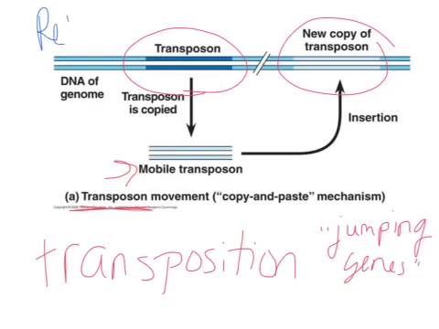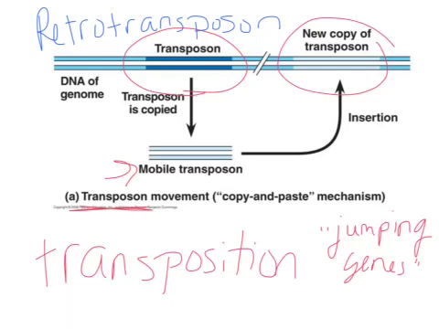You can also have what's called a retrotransposon. And for a retrotransposon, an RNA intermediate is made, and then reverse transcriptase is used to make the new DNA segment that is then inserted somewhere else on the genome.